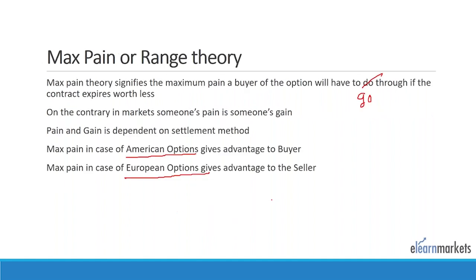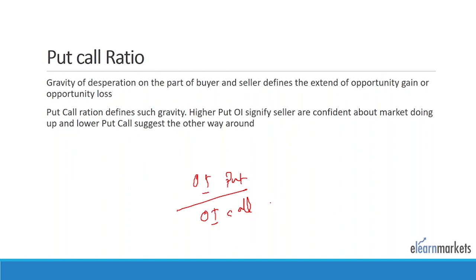If you go by the Max Pain theory that there are more sellers in the market because of Europeans, if the put call ratio is high, that means there are more sellers of put. That means they're expecting market to go up. And if the put call ratio is low, that means there are more sellers of call and they are not expecting market to go up because there are more sellers of call.